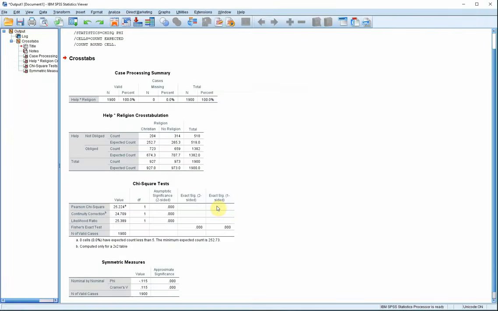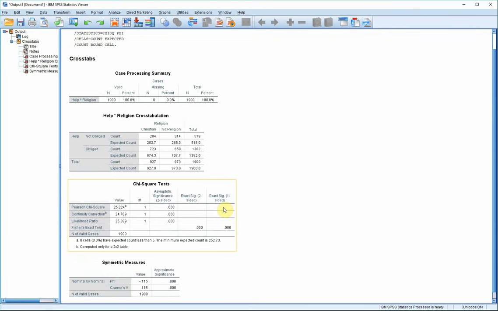Press OK. If you've never seen the output of an SPSS procedure before, you're probably thinking, what the hell is all that stuff? So let's take a look at it. Up here we've got our crosstabs table, which specifies our observed and expected counts. The expected count is what we would expect to see if the two variables were entirely independent of each other.